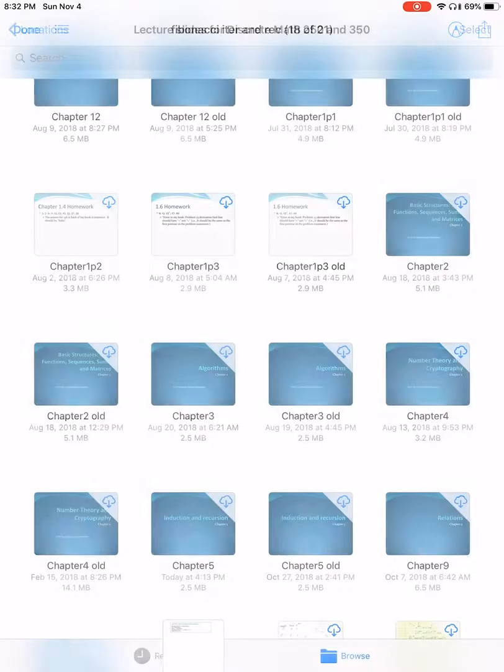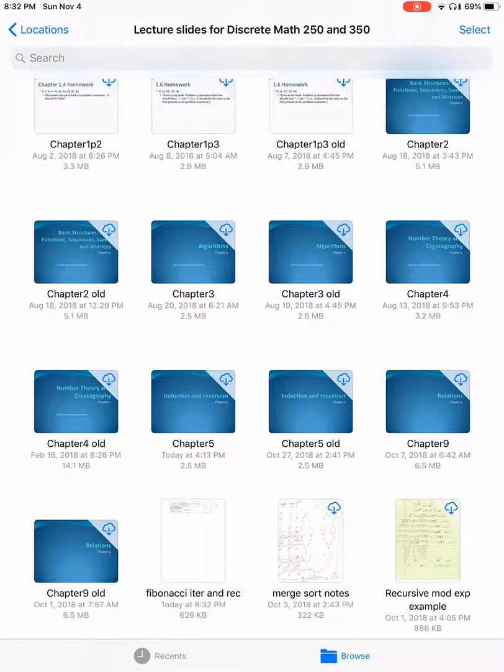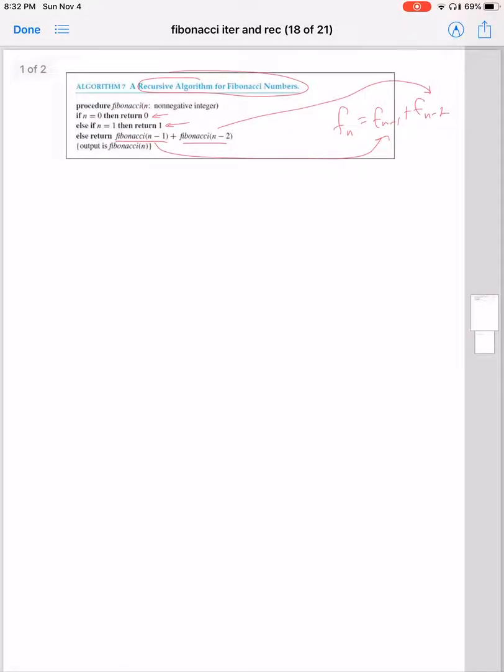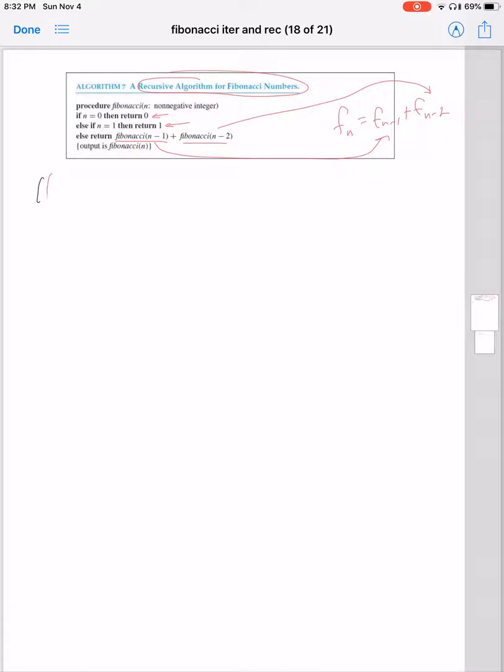But let's count up the number of additions needed to find Fibonacci n using this recursive algorithm. I'm going to be keeping track of this with a number in parentheses, the number of additions for finding Fibonacci n.